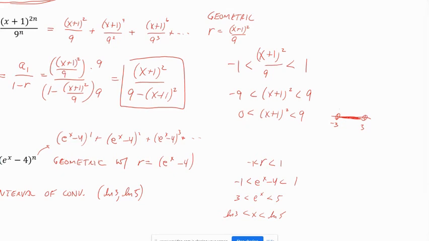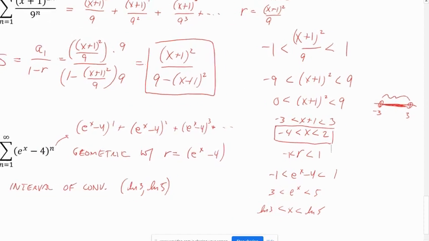So if you square anything on this interval, your answer is going to be between 0 and 9, inclusive. And so then x+1 has to be between -3 and +3, which means x has to be between -4 and 2.